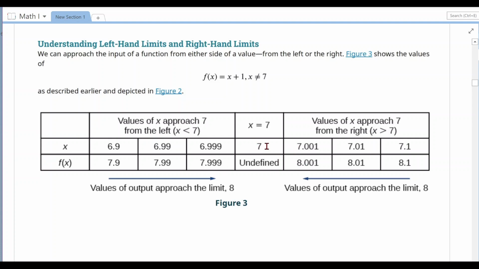As x approaches 7, such as 6.999, 6.99, 6.9, and so on, from the left, as well as from the right, such as 7.001, 7.01, 7.1, and so on, the value of f of x approaches 8 from the left and from the right.